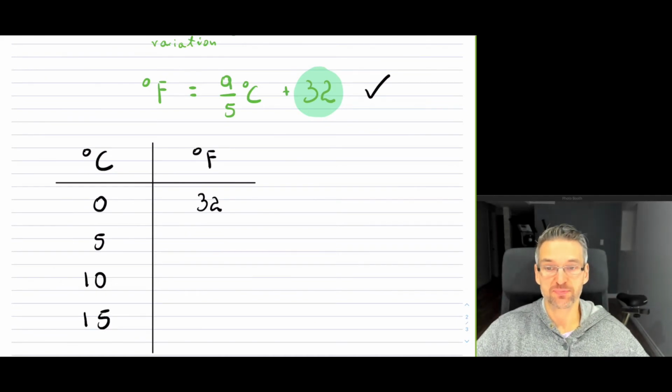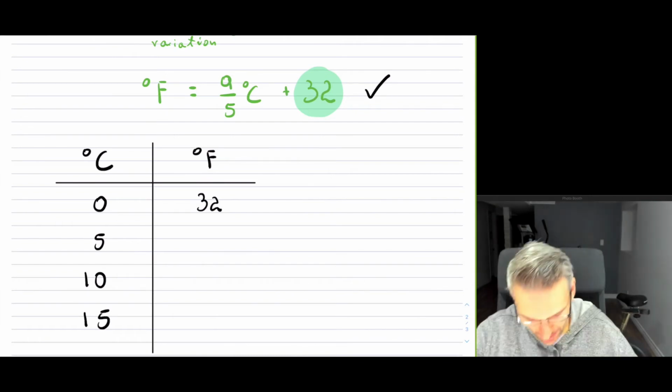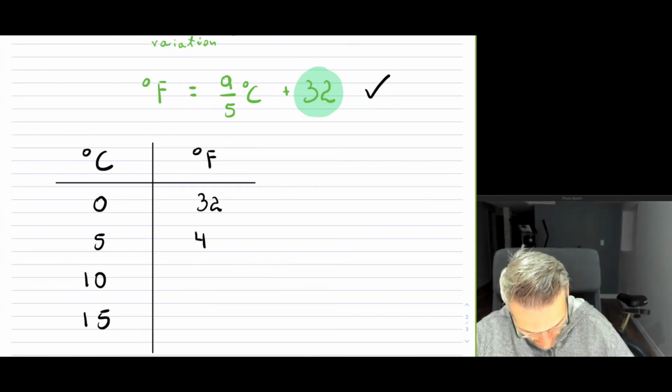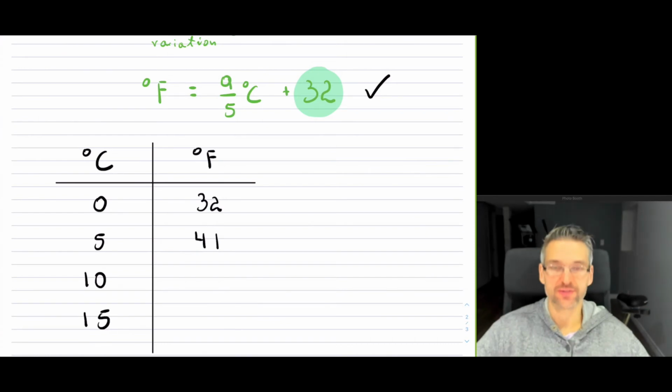Now, if we substitute 5 inside there, 9/5 times 5 would have been 9. 9 plus 32 would be, in this case, 41. So that's what happens to that.